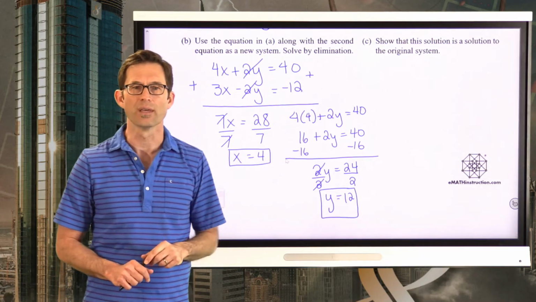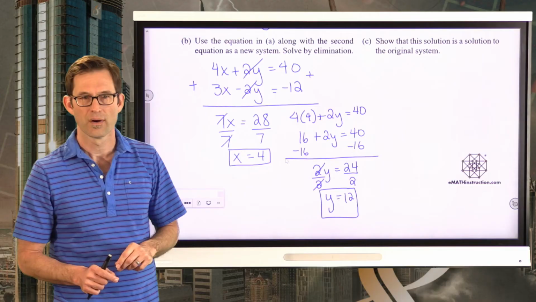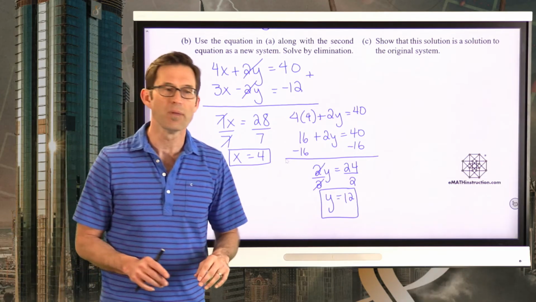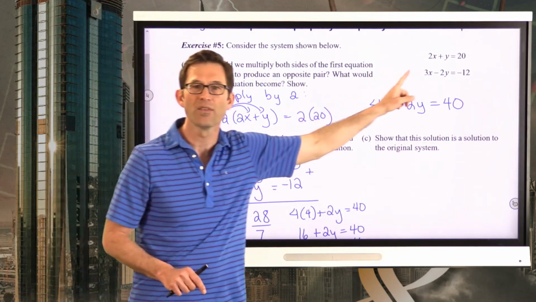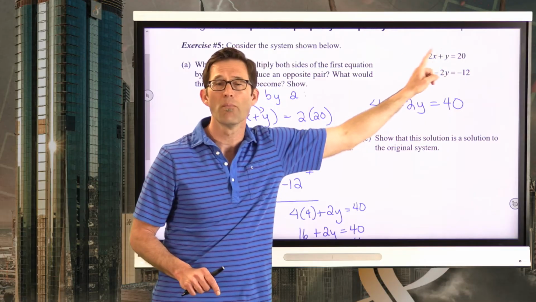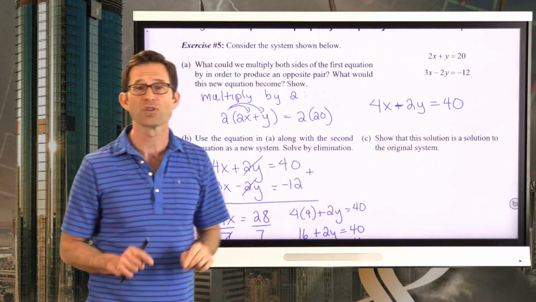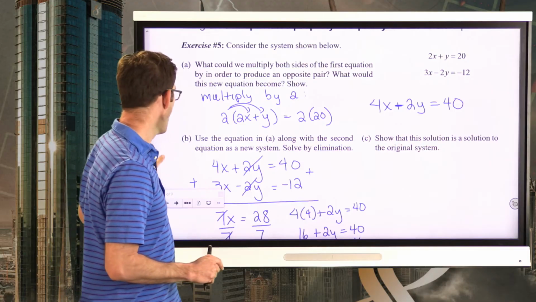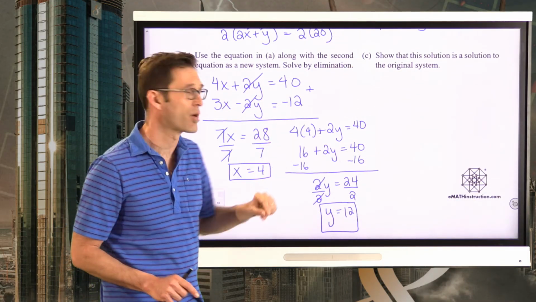But take a look at letter C. Show that this solution is a solution to the original system. All right? So my claim is that even though we kind of changed the system by taking this first equation and multiplying both sides by 2 to give us this, it didn't actually change the fact that 4, 12 is a solution to that original system.